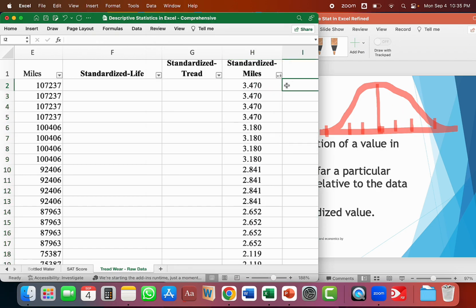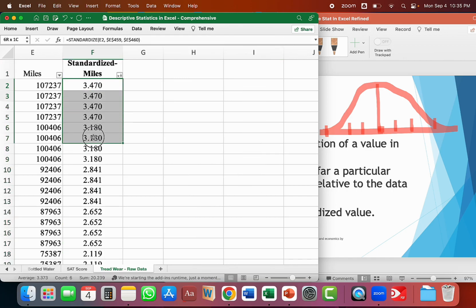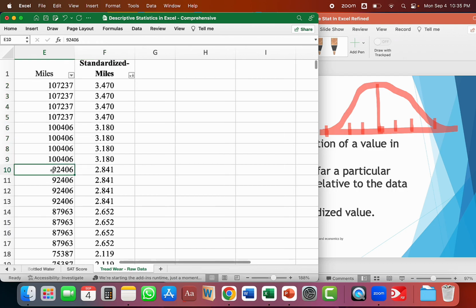And there are some values that are greater than 3 sigma. These scores are greater than 3, which means they do not match with the other data. If we look at these values which are greater than 3, they represent miles which are in 6 digits compared to the others that are just in 5 digits.